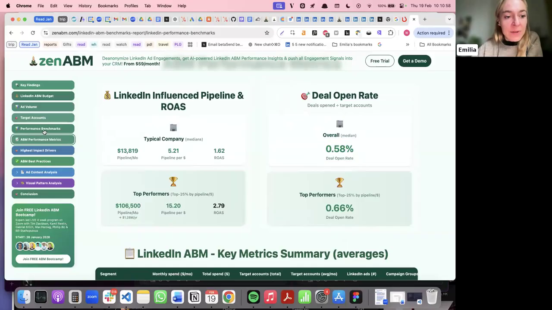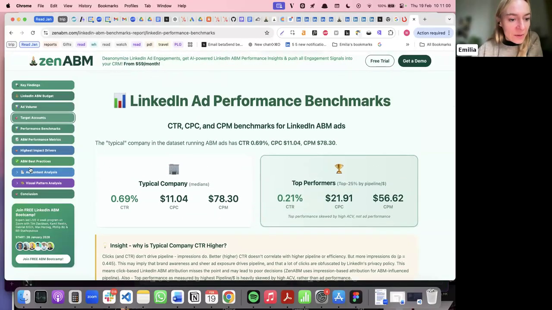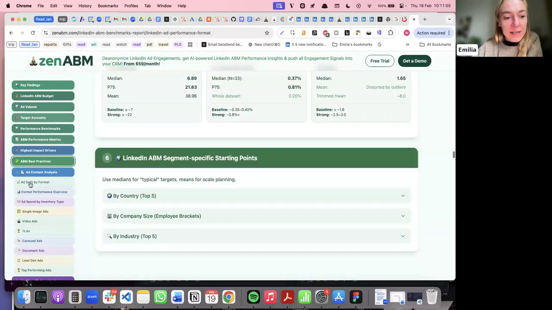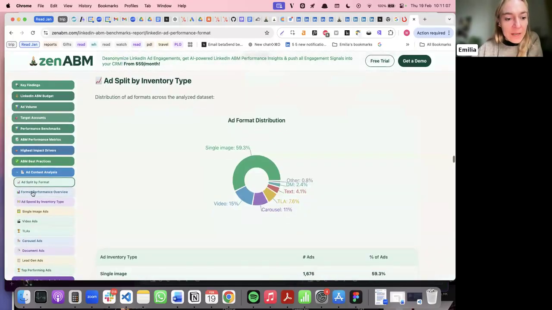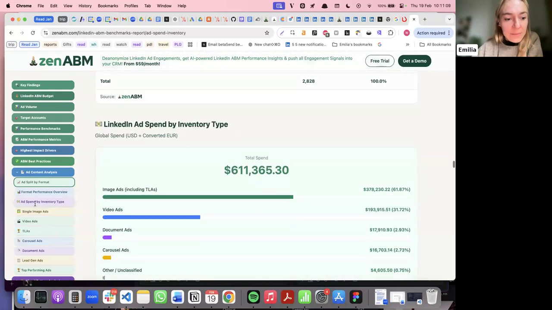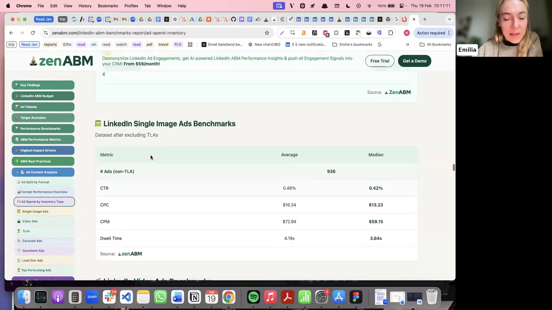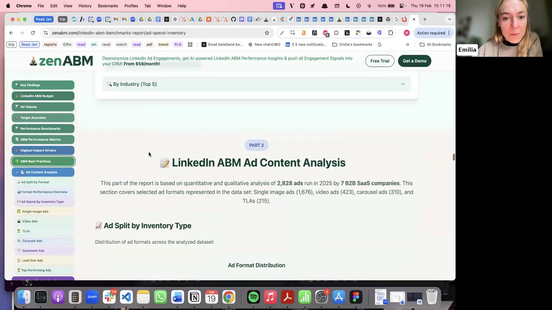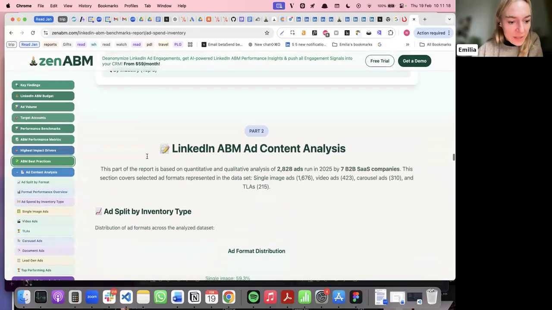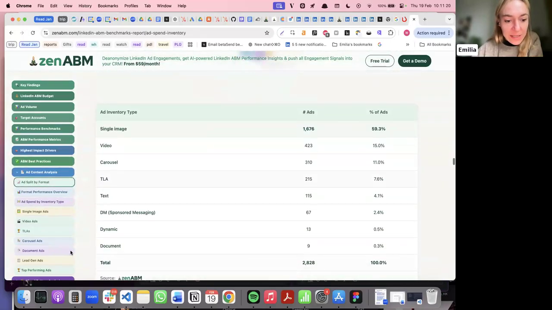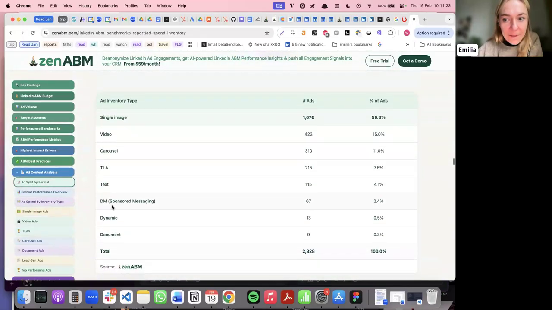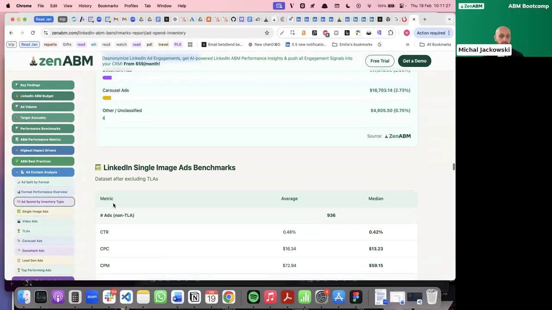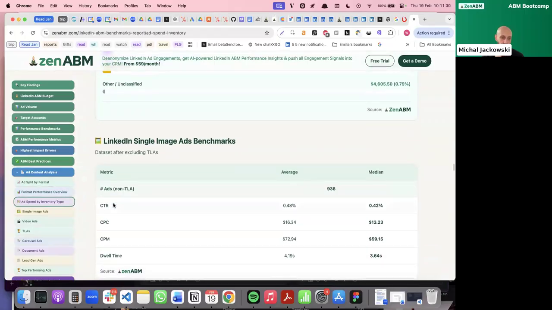And we also did ad performance benchmarks. I'm looking for the ad content analysis, split by formats. Here, the benchmarks overview. What was the split? I think we had this nice inventory type. And here you have benchmarks. Yeah, I think it's the ad split by format, you mean?